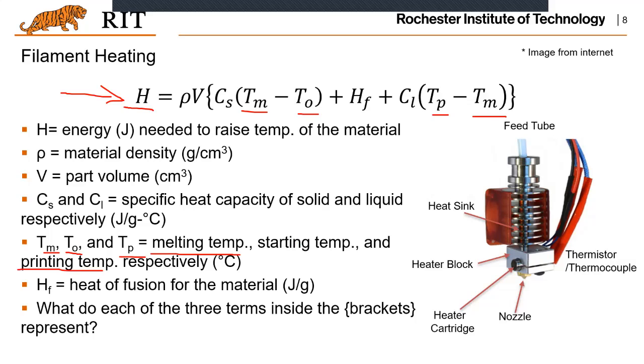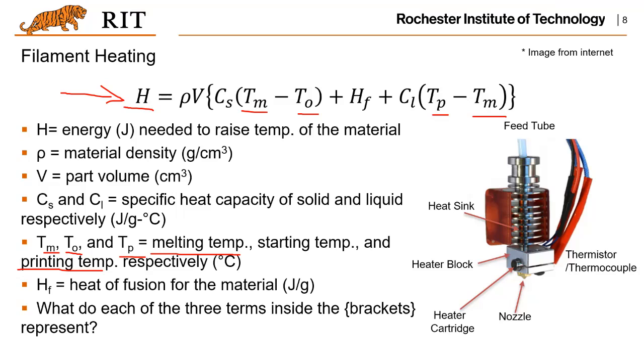So during the process, the filament material is heated up from its starting temperature, usually the room temperature, right, to the melting temperature. And then the material is heated up further to reach the printing temperature.